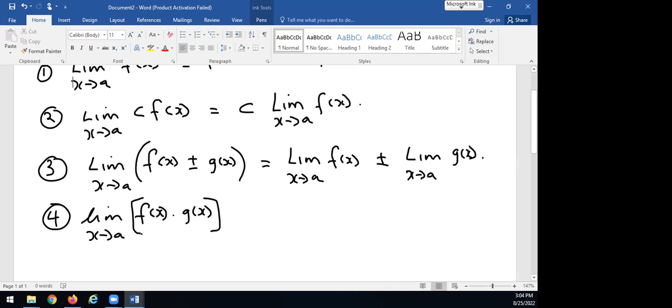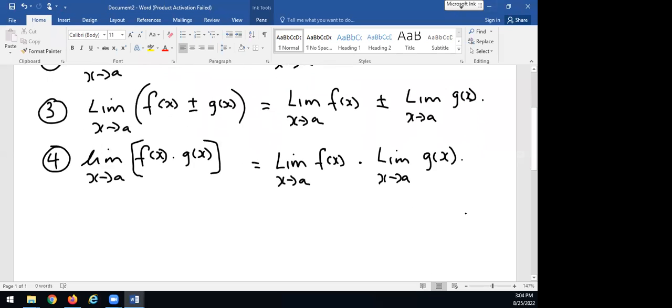It's the same thing as the product of the limits, so you can always split it again. So this is going to be the limit as x approaches a of f of x times the limit as x approaches a of g of x.